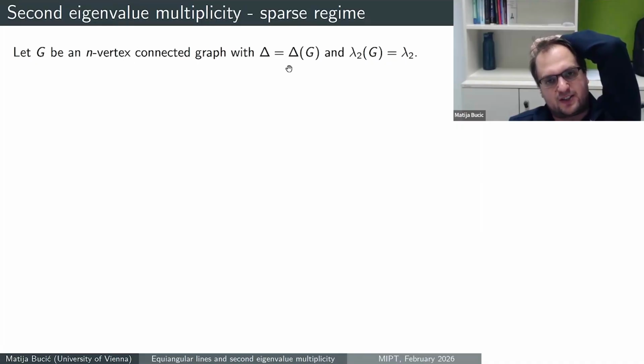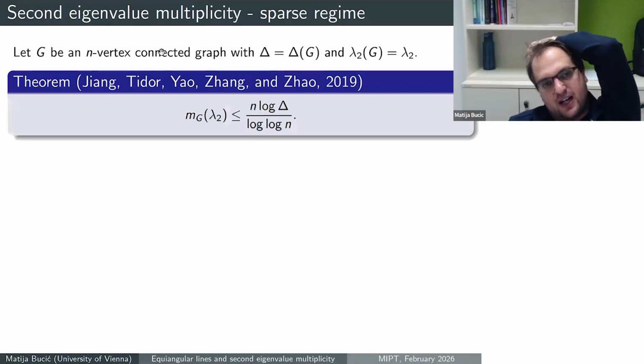I give you an n-vertex graph. I tell you what the max degree is. I tell you what the second eigenvalue is. And I'm asking you to give me an upper bound on the second eigenvalue multiplicity of this graph, which I think is a very nice and appealing question in spectral graph theory in its own right. And this is precisely what Yang, Tidor, Yao, Zhang, and Zhao used, and they prove such a result.